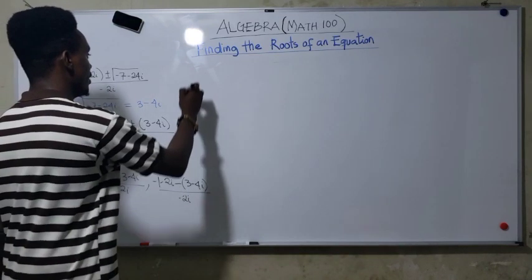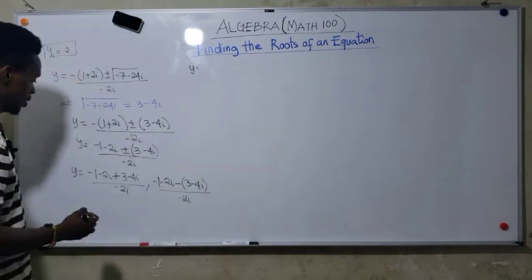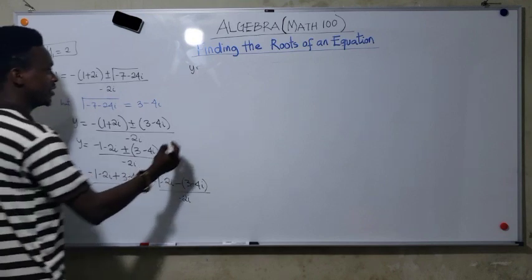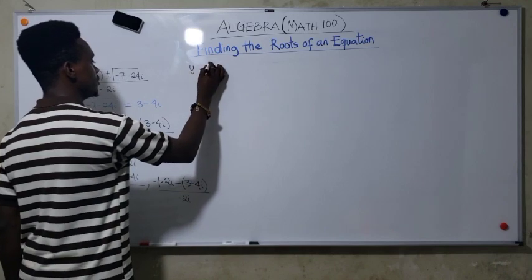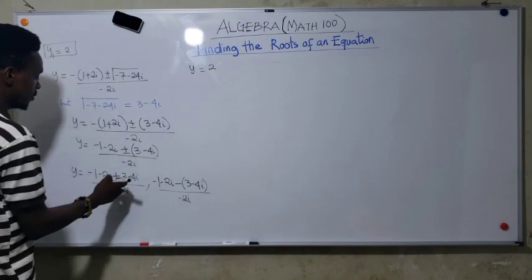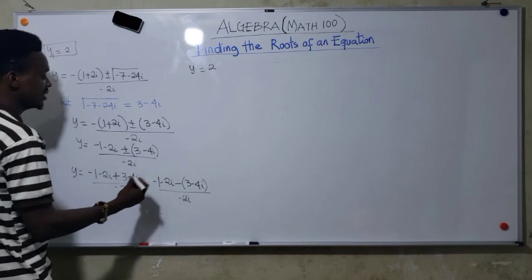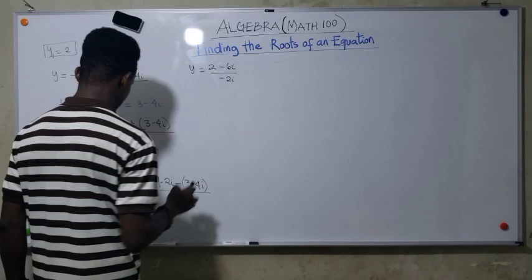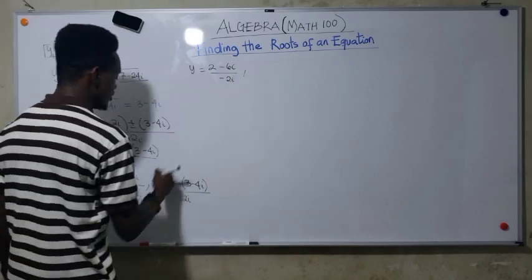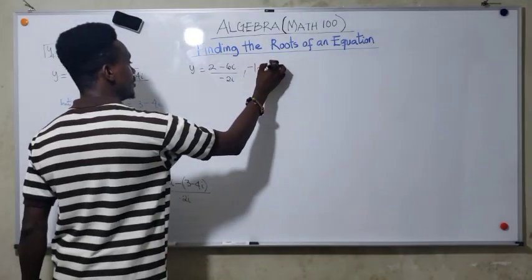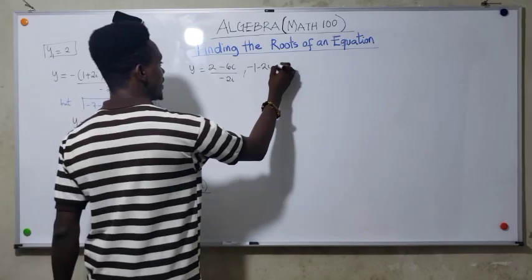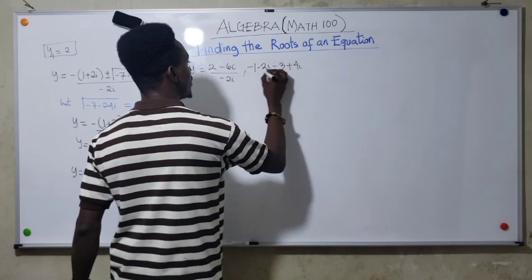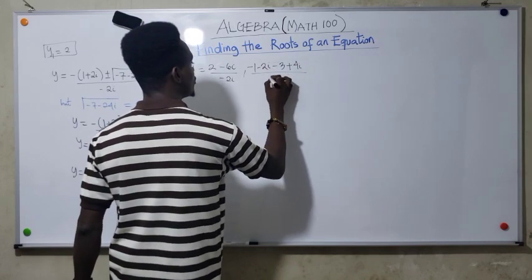So we can simplify. y is equal to real to real, we have positive 2, imaginary to imaginary, we have minus 6i, all divided by minus 2i. Again for this, we can simplify minus 1 minus 2i, negative of this is minus 3, and negative of this is positive 4i, all divided by minus 2i.